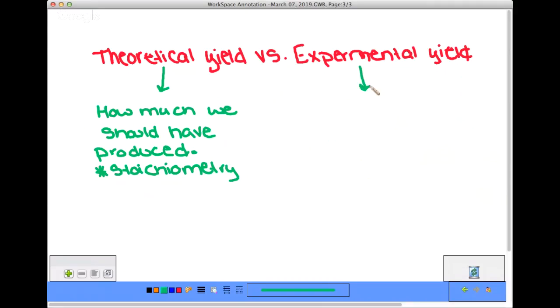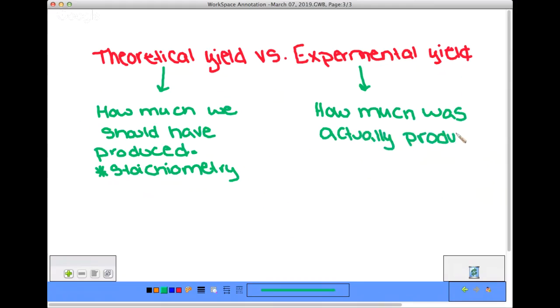In experimental yield, this is how much was actually produced, and that comes from your data, your lab experiment.